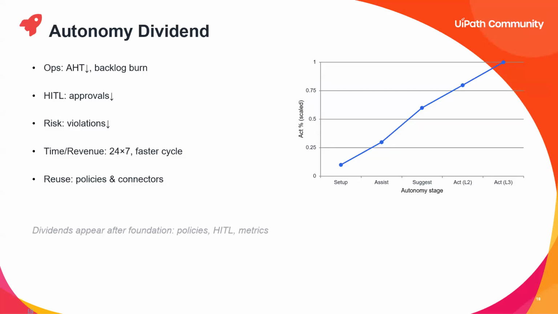So this dividend is about eliminating the waste. Now, the waste of time, the waste of errors, the waste of underutilized capacity, and it grows as the agent's autonomy increases. Next slide.